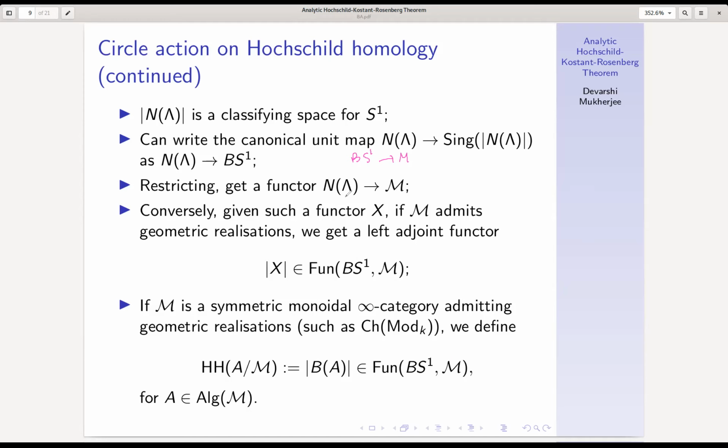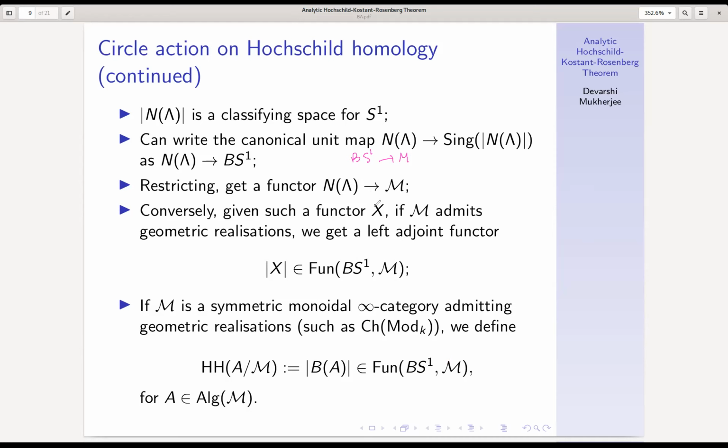Okay, and conversely, if we have a functor x, and furthermore, if M admits geometric realizations, so for chain complexes of modules or spectra, then it admits geometric realizations. Left adjoint functor to, well, this assignment. And this just takes a geometric realization of such a functor. And this gives us a functor from BS1 to M.